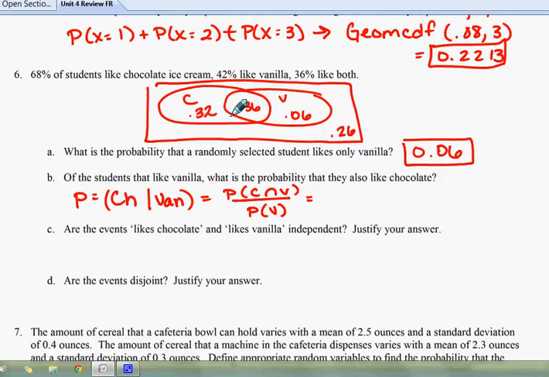So the percent that are in the chocolate and the vanilla, that's 0.36. The percent that are in total in the vanilla, either looking at the Venn diagram being both of those two, or the given statement, 42% like vanilla. So the probability that somebody likes chocolate given that they like vanilla is actually 0.5294.